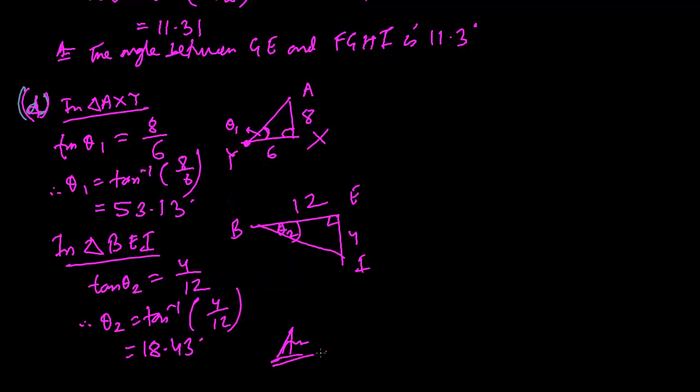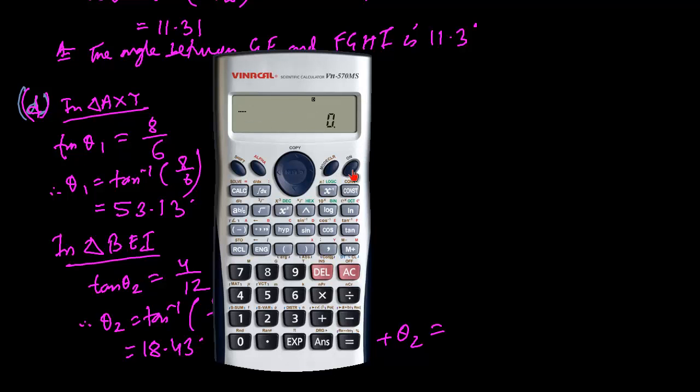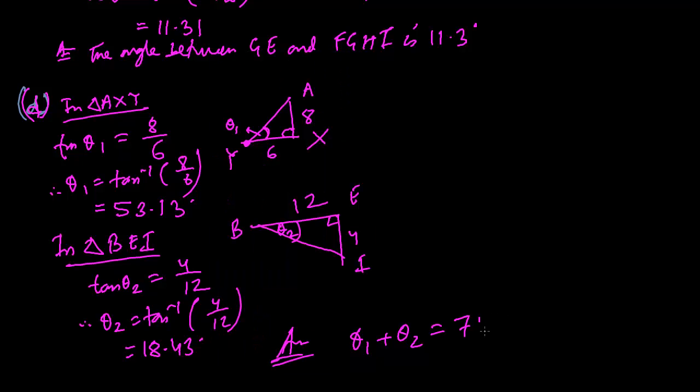So the answer, the angle between the two, theta 1 plus theta 2 to three significant figures, is 53.13 plus 18.43, and that is 71.6.